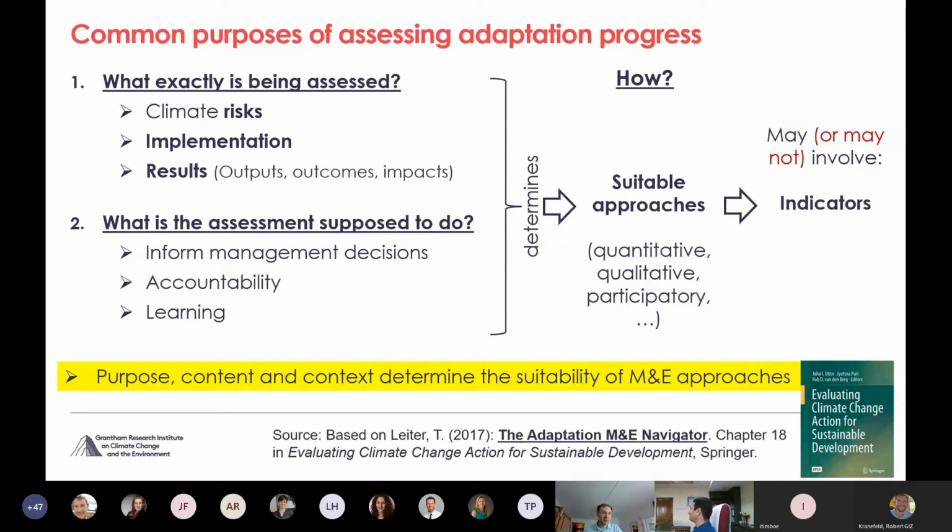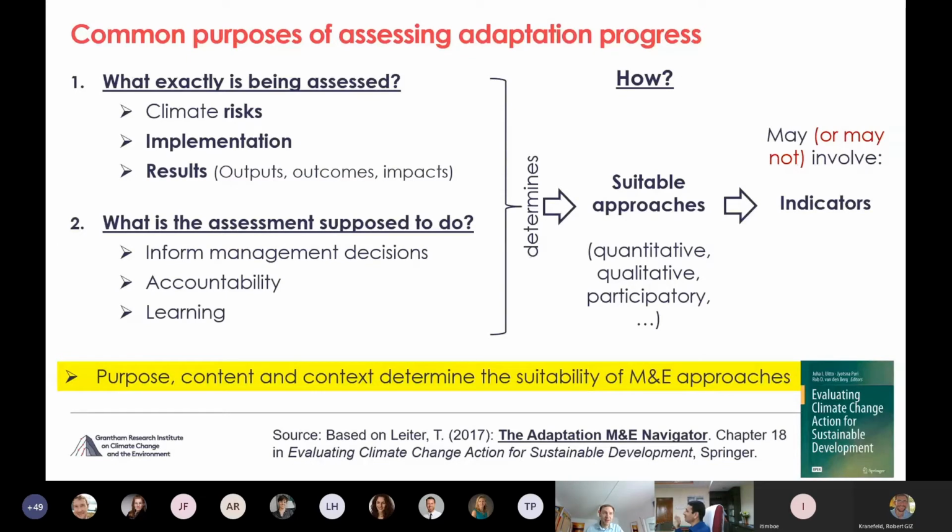When these two questions have been answered, they determine what the suitable M&E methods are, because there are quite different methods that can be used. Not all of them equally enable accountability or learning. Some focus more on learning, whilst others focus more on accountability.